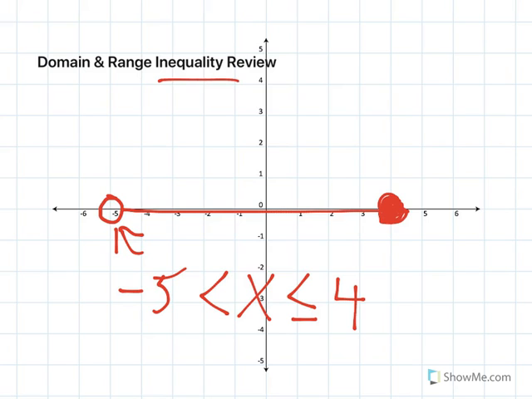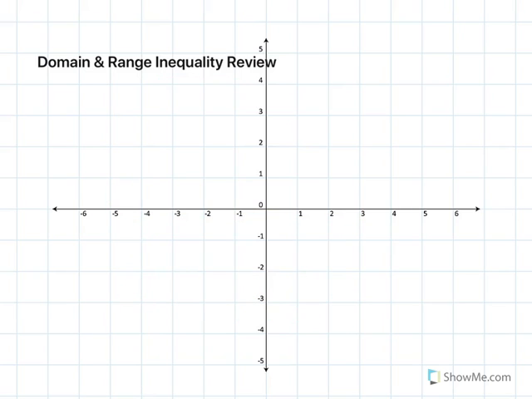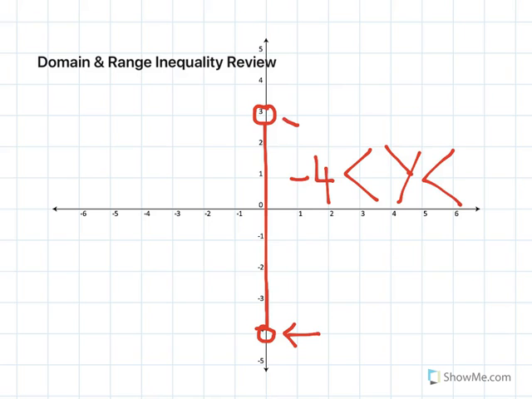Okay, let's look at another example. Now we're going to do range, which is the y value. If I give you this and this, now you know because it's on the y-axis, y is in the middle, and it's greater than -4, but it's less than +3.